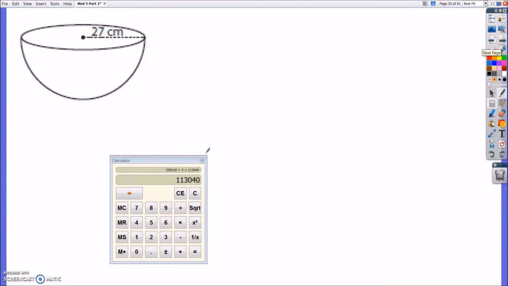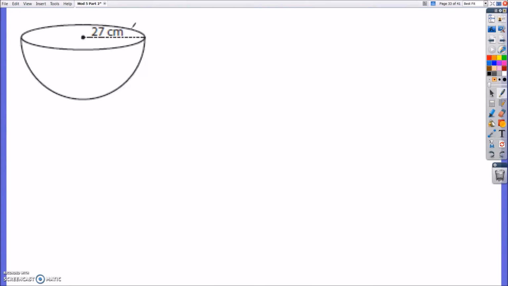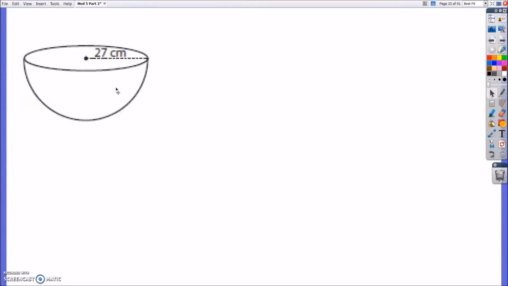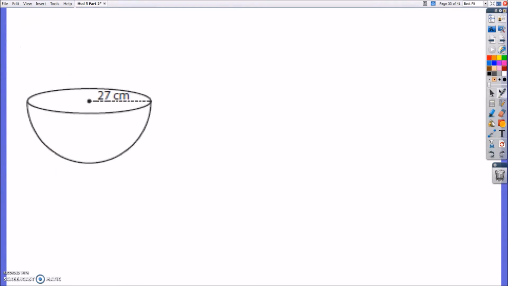Okay, so now this one's a little different. I have half a sphere. So pretend that this is an entire sphere. The formula would look like pi r to the cubed times 4/3. That's for the whole thing. But what we're going to end up doing is cutting it in half.